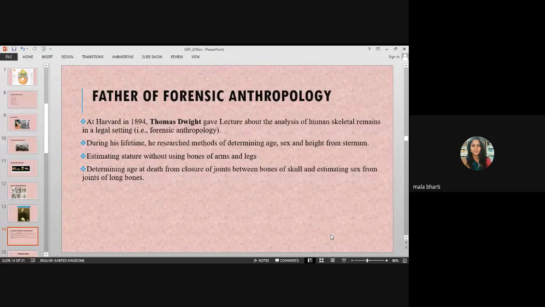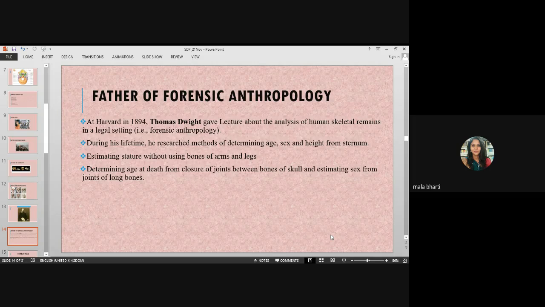Basically stature was determined with other bones rather than the limb bones. Then the age at death from the closure of joints of the bones of the skull, which we call sutures. As the union of sutures happens in the skull, that is with respect to the age, right?